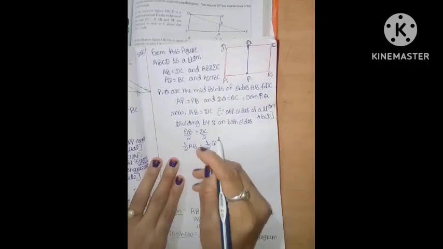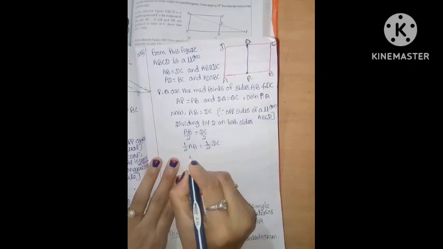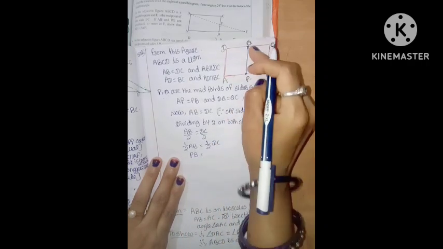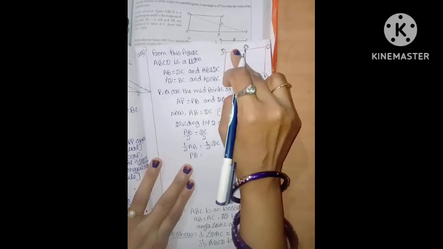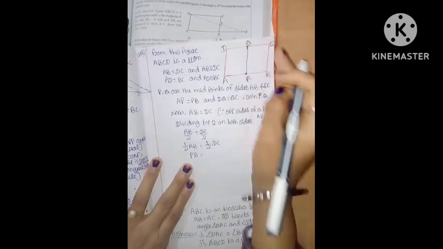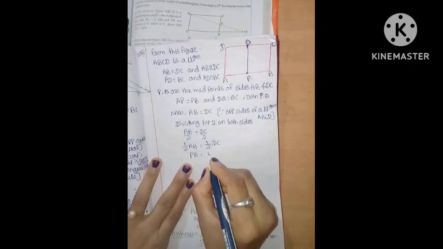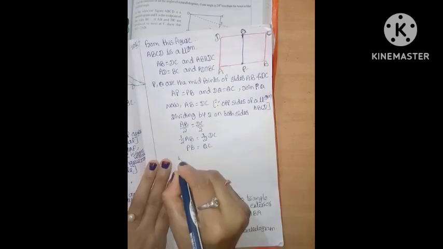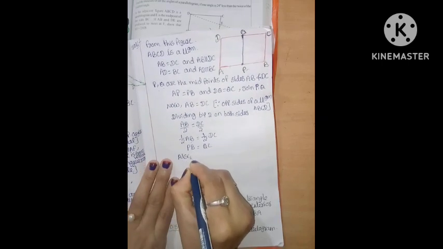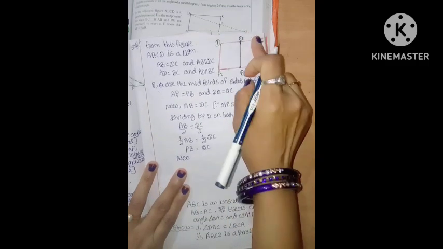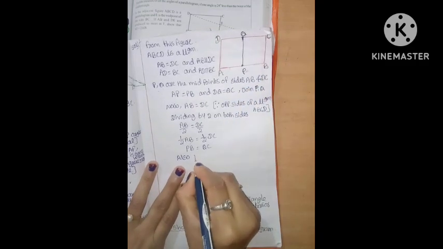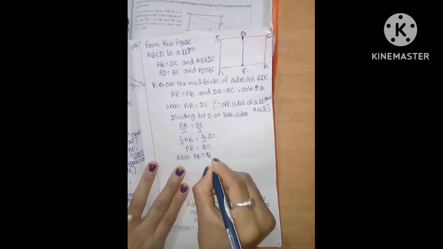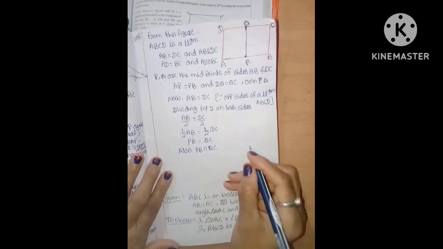Half of AB is PB, and half of DC is QC. Are you clear? So PB equals QC. These two are equal and parallel also. PB is parallel to QC.